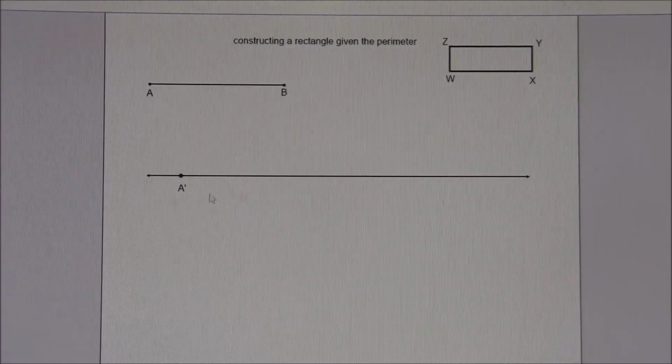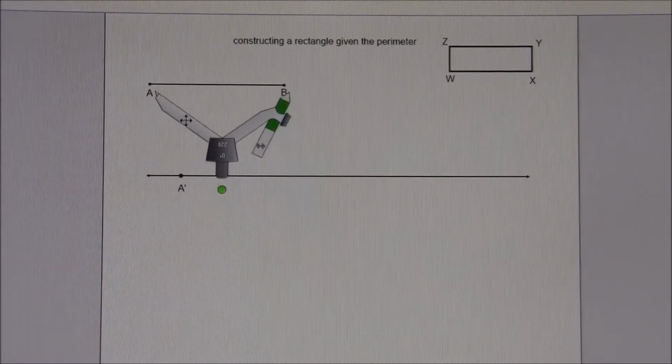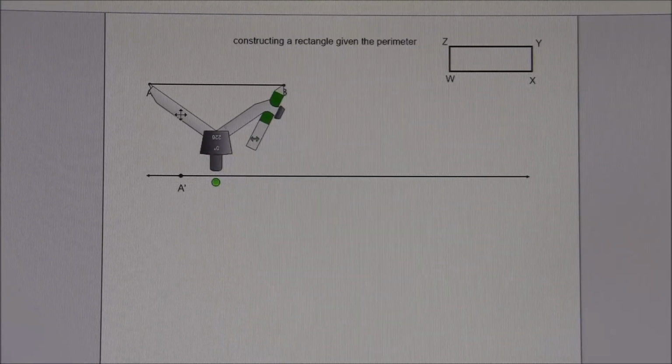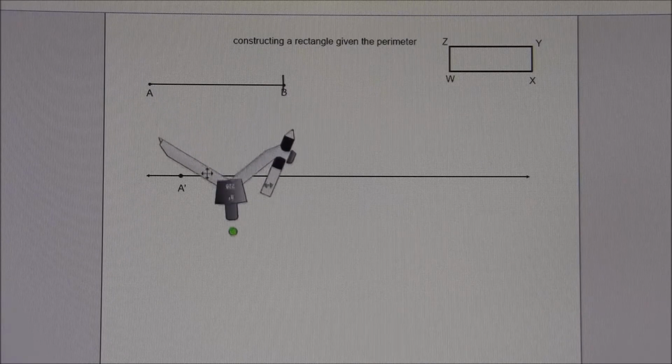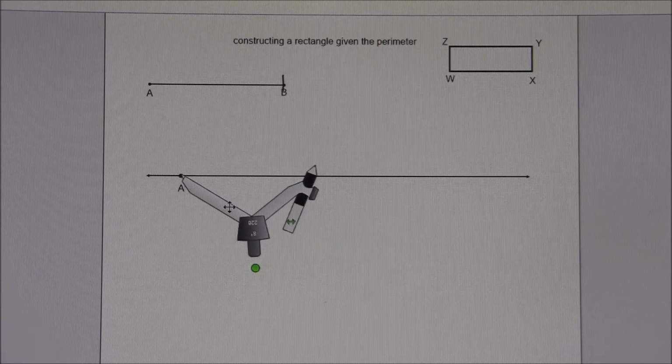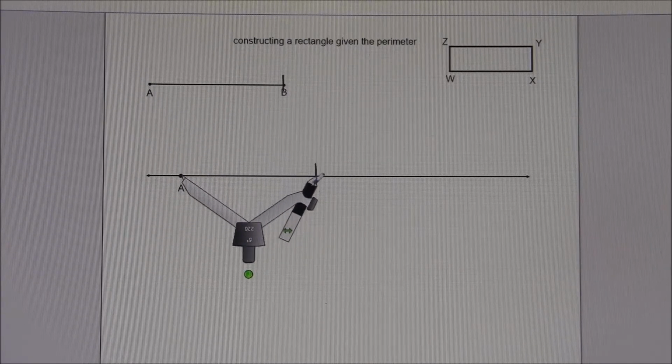So first, start a line with a point on there, and then we need to copy that perimeter onto this line. Let me get my compass out. As you see right here, let me get this in black. I'm copying that segment.